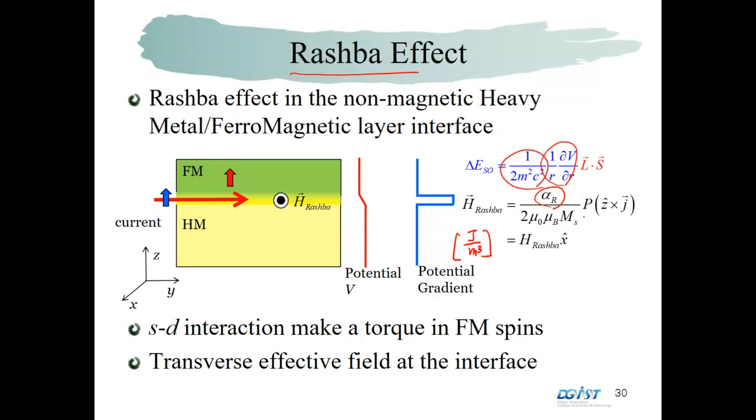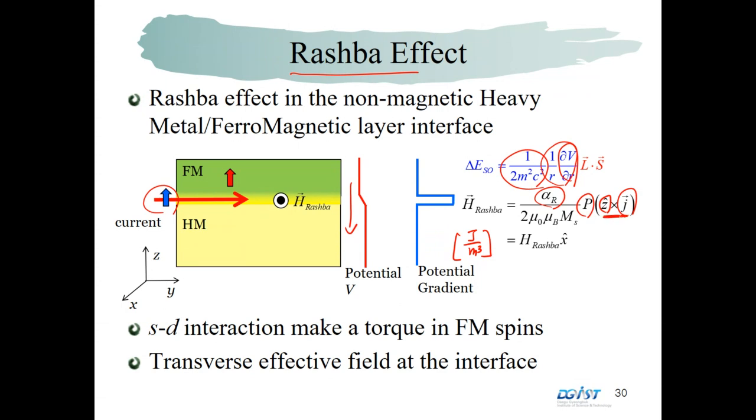So here we just think about the direction of this Rashba field, because the spin angular momentum in this case, and the direction of the spin, is determined by the conduction current here. So this gradient gives us the direction of z, and this is the current flow. And this is the spin polarization.